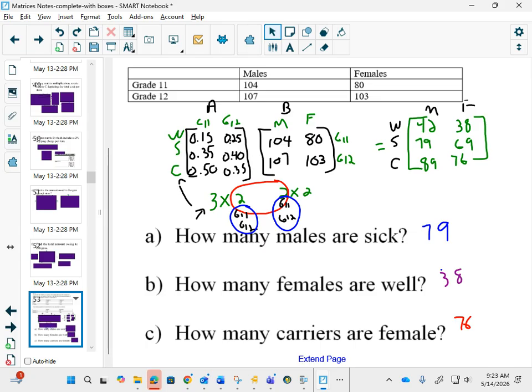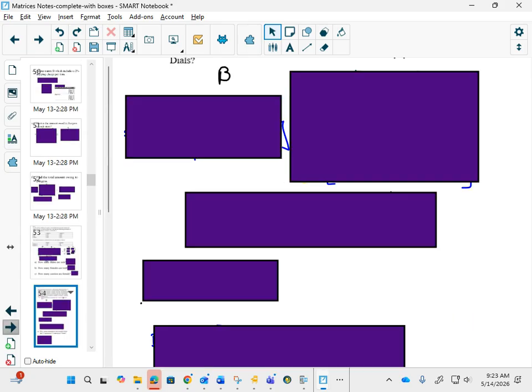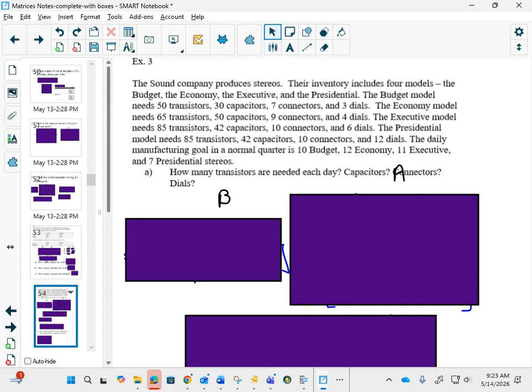It's like a whole big essay to read with a lot of data. Sound company produces stereos. They have 4 models: the budget, the economy, the executive, and the presidential. The budget model needs 50 transistors, 30 capacitors, 7 connectors, 3 dials.